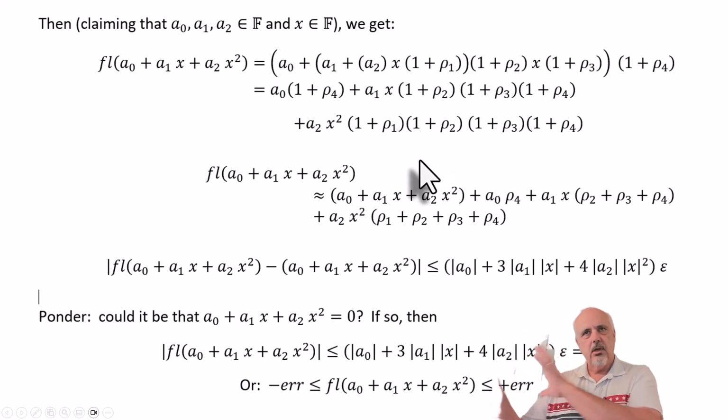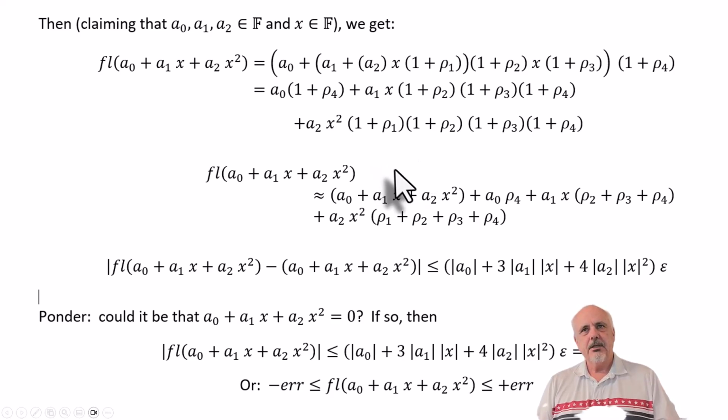All of the higher order row combinations, combined factors, are going to be neglected. So I'm in pretty good shape here. And then I'll kind of forget that this is an approximation, and I'm going to pull over my true value with my float.